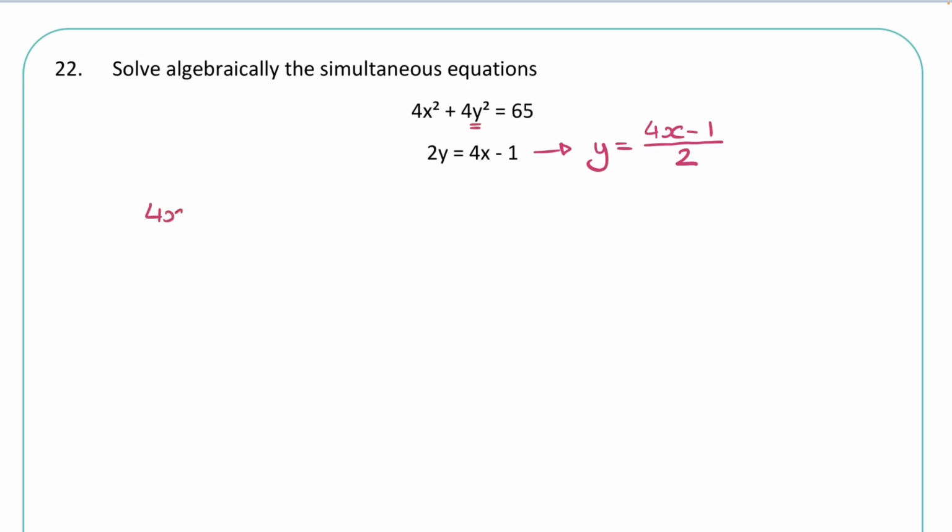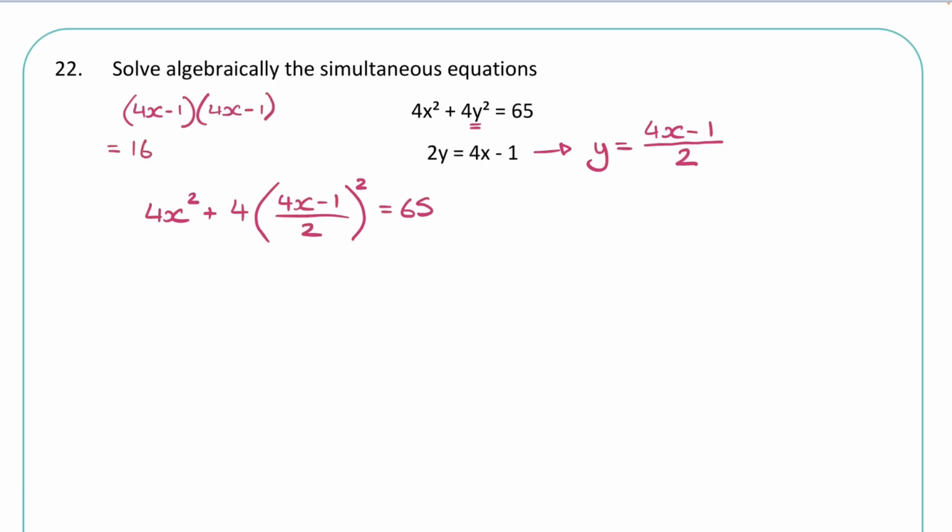So we have 4x squared plus 4 lots of 4x minus 1 over 2, and that is squared, and that equals 65. Now that bracket there where we square that, on the numerator we are going to have to do 4x minus 1 squared, which is going to be a double bracket. So I'm just going to work that out to the side, 4x minus 1 and another 4x minus 1.